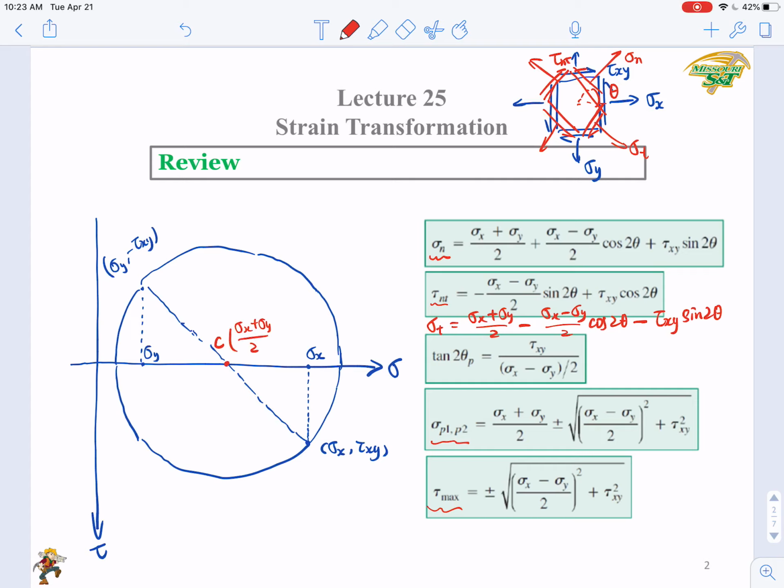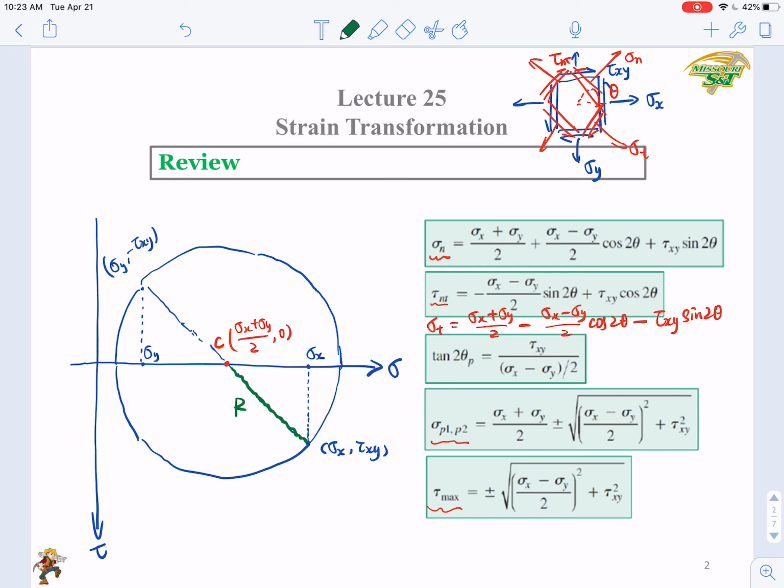Okay, then how about the R? How about the radius? Here is the radius of the circle R. To find it, we just need to use this triangle. So in this triangle here, this length will be (sigma x minus sigma y) over 2, and here will be tau xy.